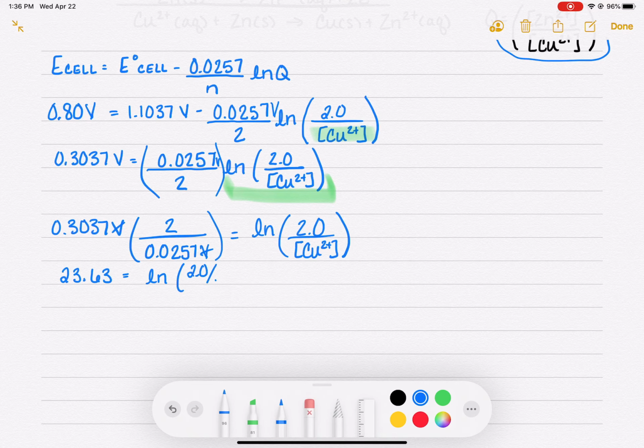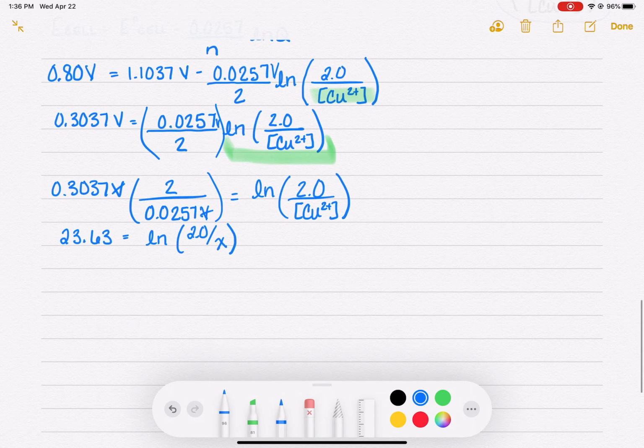I'm just going to say x in place of that copper concentration. We're going to unnatural log both sides. Oh, that's a big number. E to the 23.63 is equal to 2.0 over x.